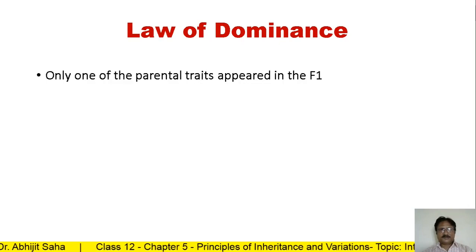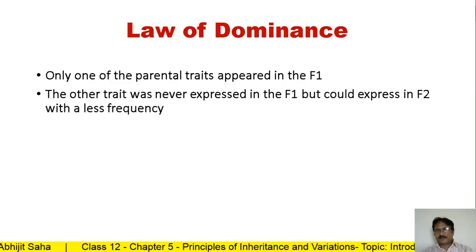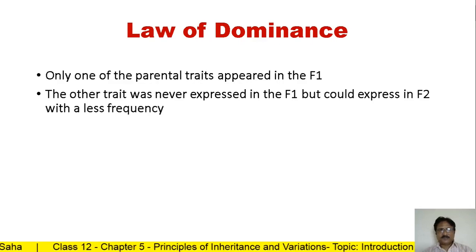The law of dominance says that only one of the parental traits will express in the F1 generation, as we have already studied. The other trait will never express in the F1 but will be able to express in the F2 with lesser frequency, as we have just seen.